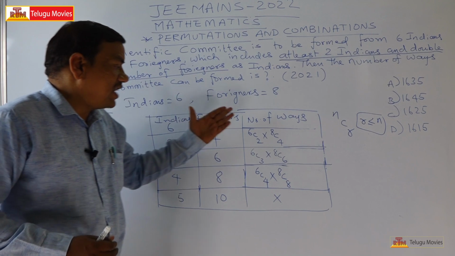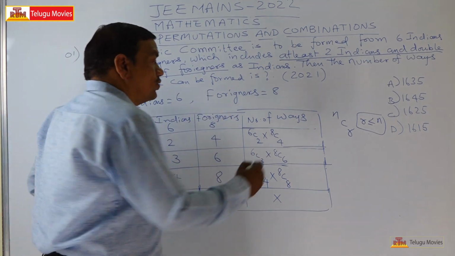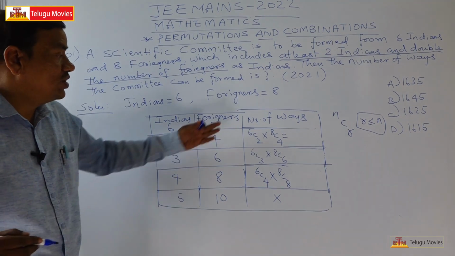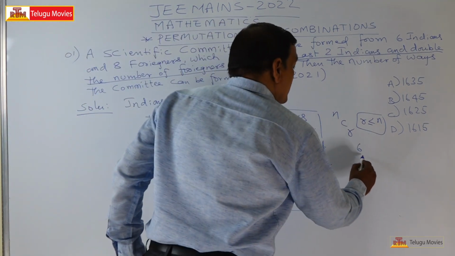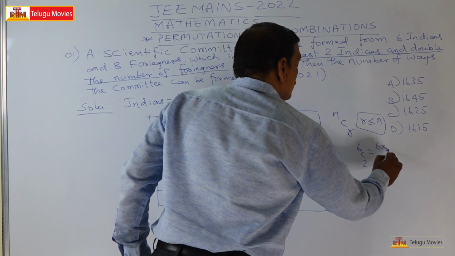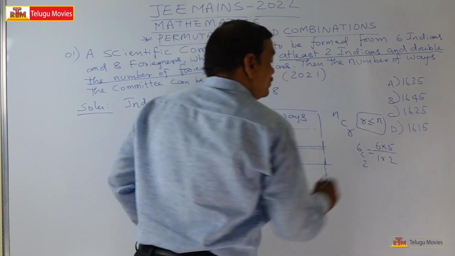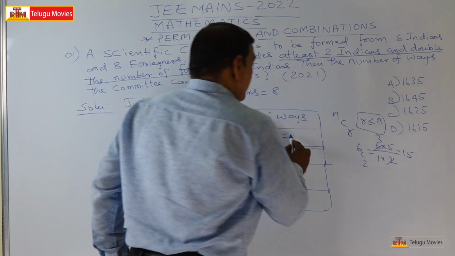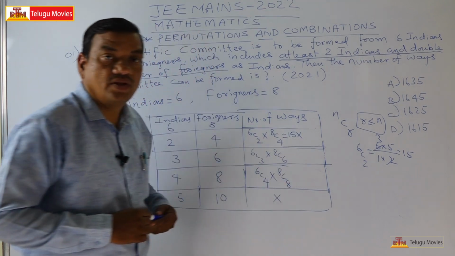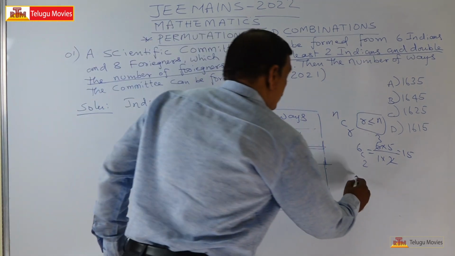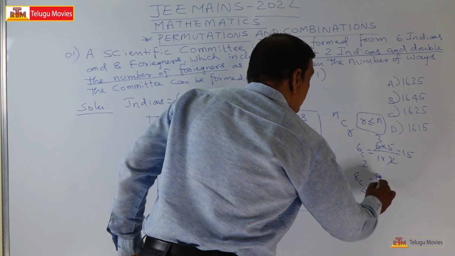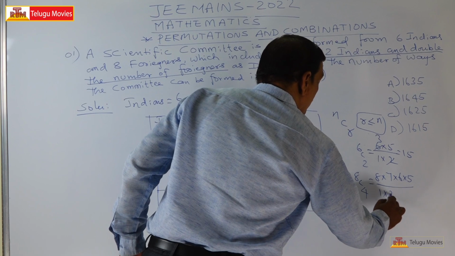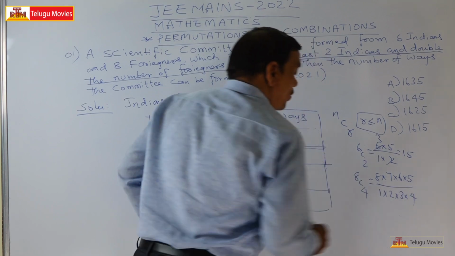Now calculate these values. 6C2 value times 8C4 value. 6C2 is 6 into 5 by 1 into 2, which is 15, times 8C4 value, that is 8 into 7 into 6 into 5 by 1 into 2 into 3 into 4.